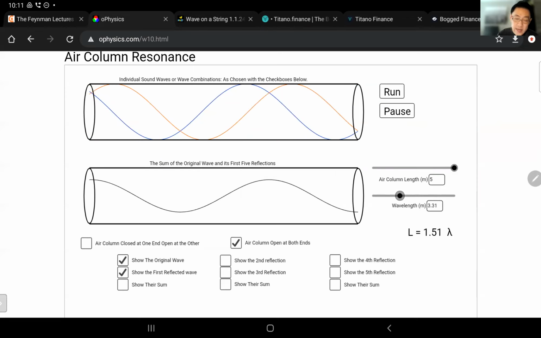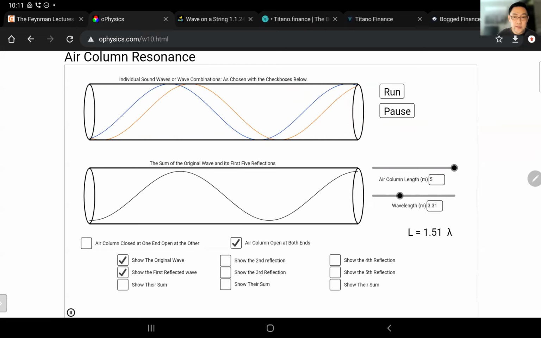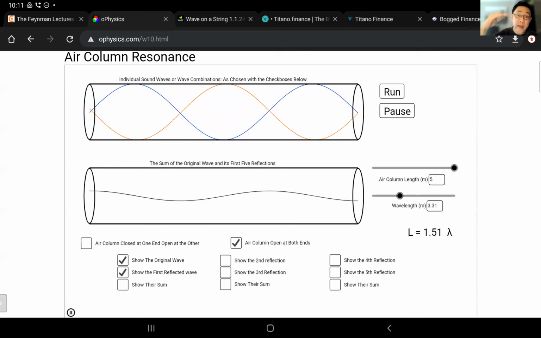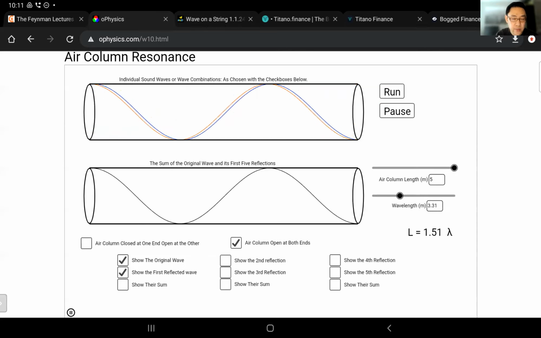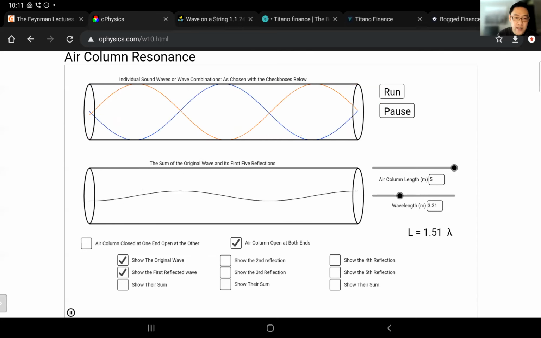All right, so that means now the length of the tube is 1.5 times the lambda. Let's see how it goes. Oh, that's pretty good. You can see that the oscillation pretty much maxes out the whole height of the tube. I mean, that's just a representation, but at least it gives you the scale that this is a good vibration going on inside the tube.